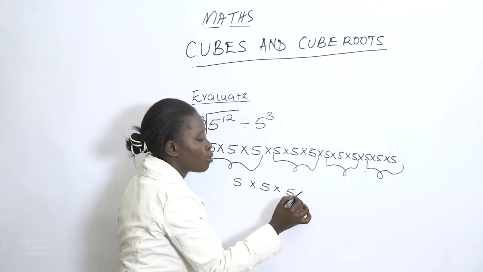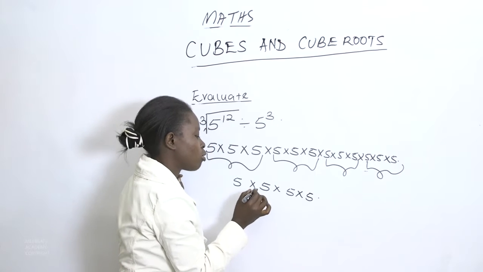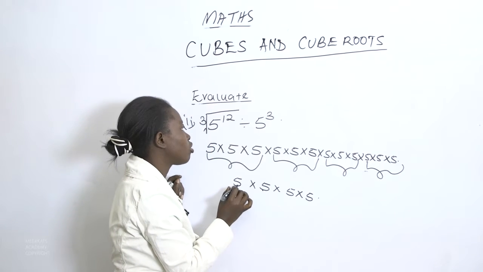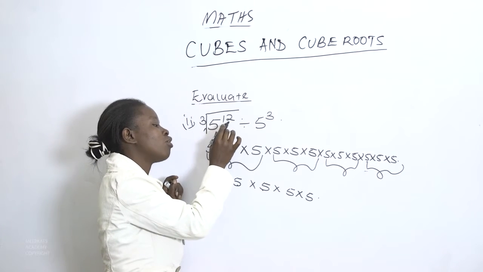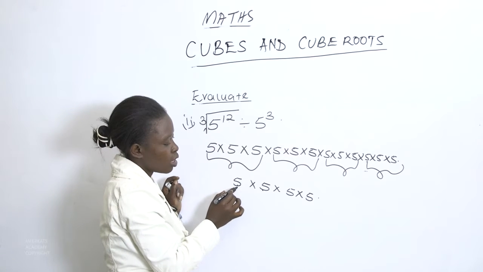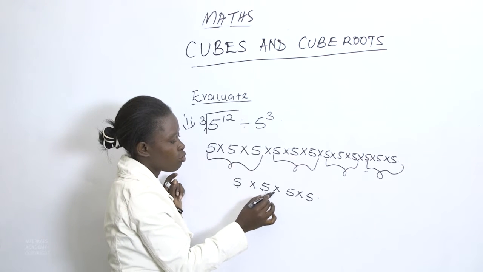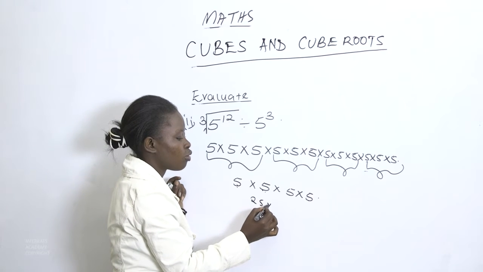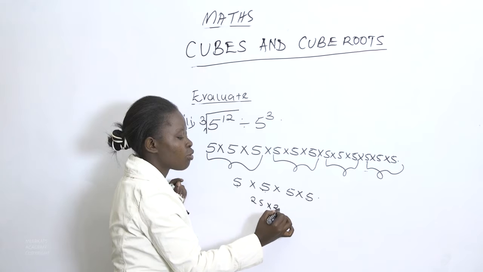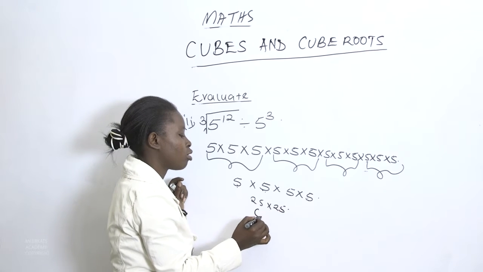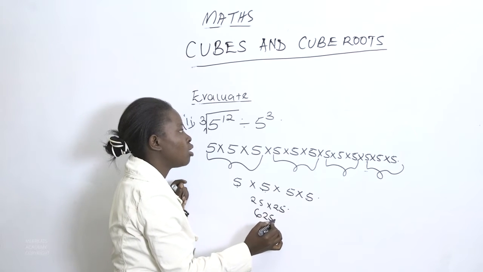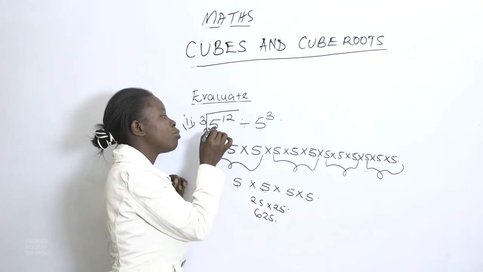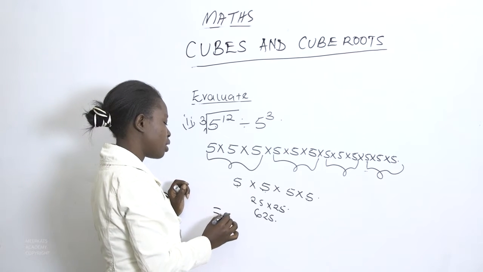And lastly, my cube root is 5. So what does it mean? The cube root of 5 to the power of 12 simply is 5 times 5 times 5 times 5. 5 times 5 is 25. 25 times 5 times 5 is another 25. 25 times 25 is 625.